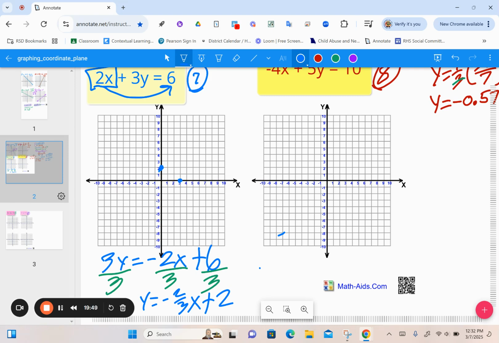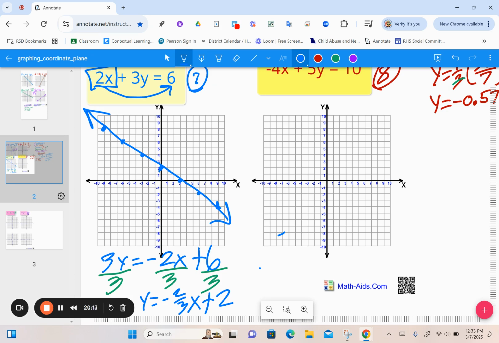Down 2, right 3. Or up 2, left 3, make sure I'm over 6 there, up 2, and left 3 to get over 9. And then you can freehand this or draw in your line with the line tool.